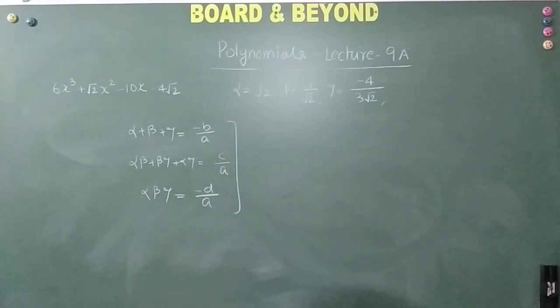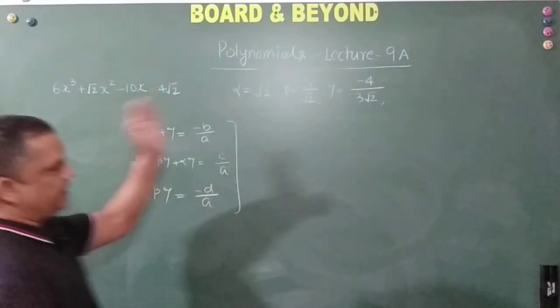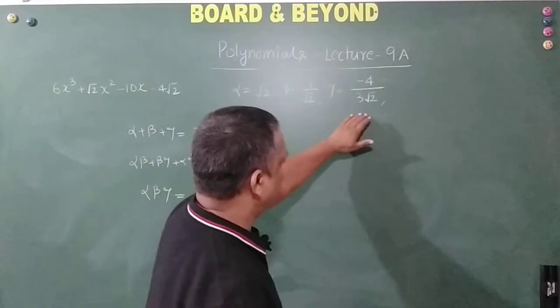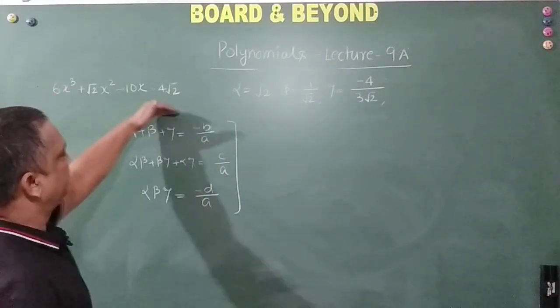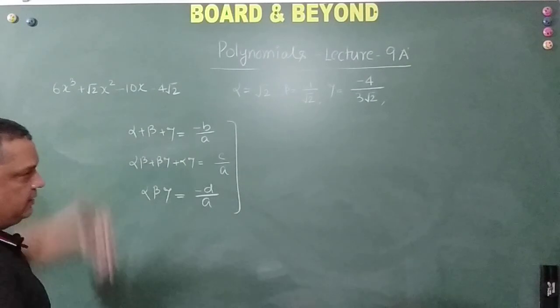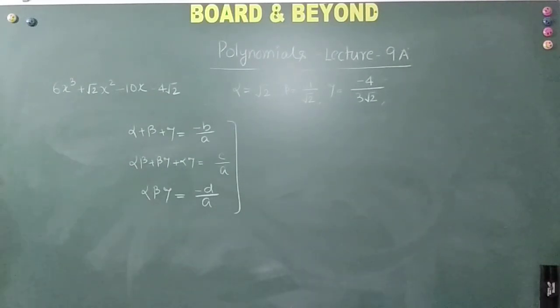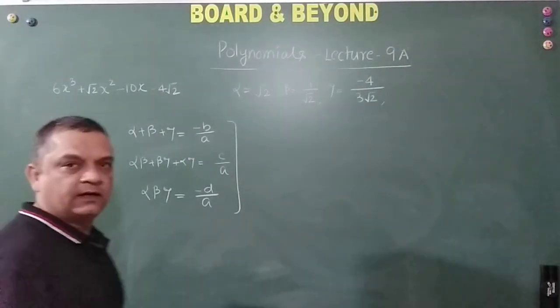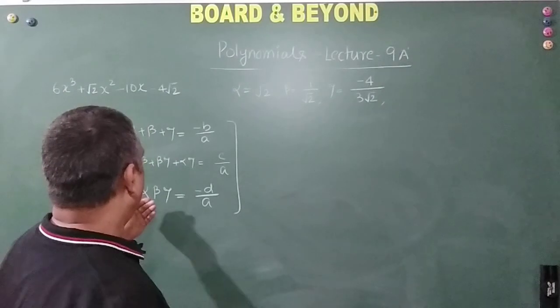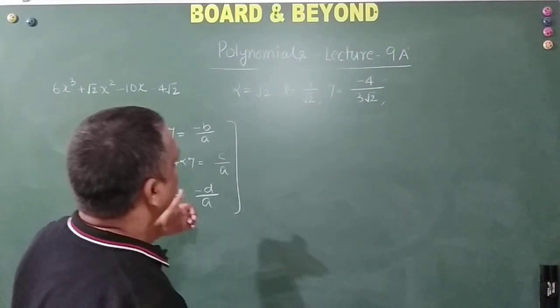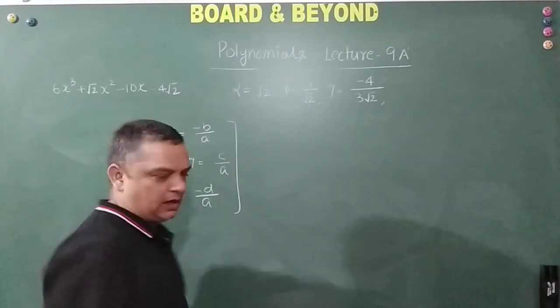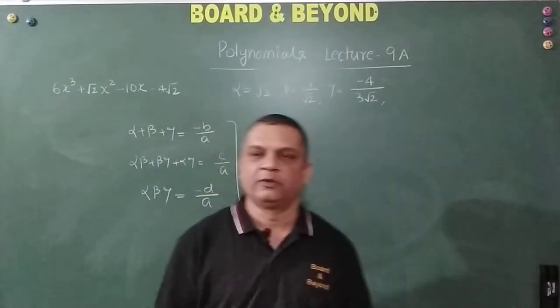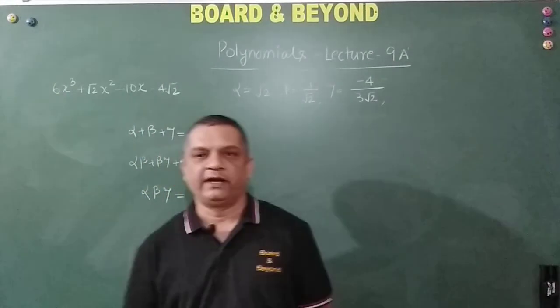You need to verify these three things for this alpha, beta and gamma. Maybe we can verify one of them, alpha into beta into gamma, or else you do it at your leisure time. There is no problem on that.